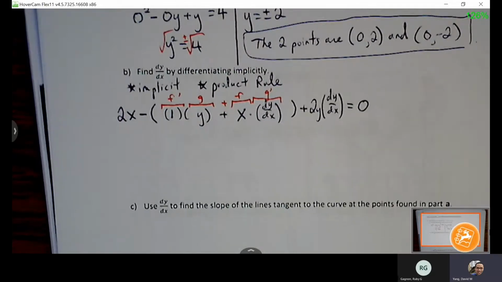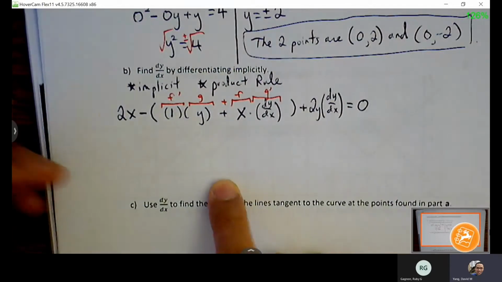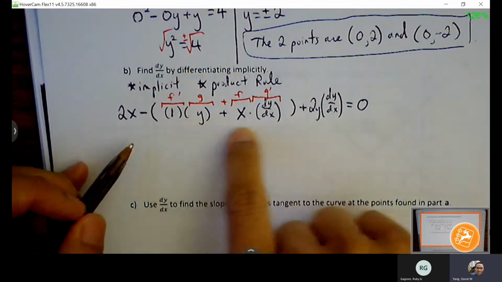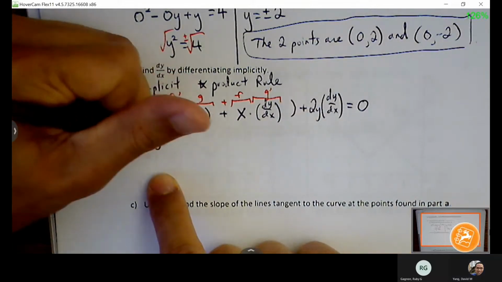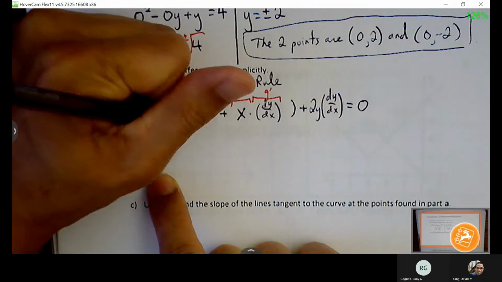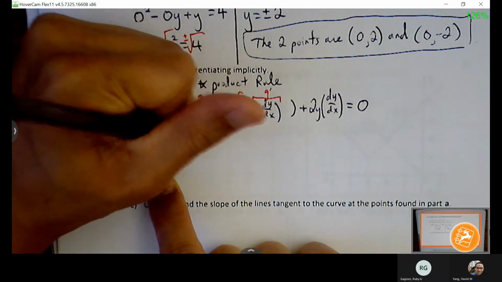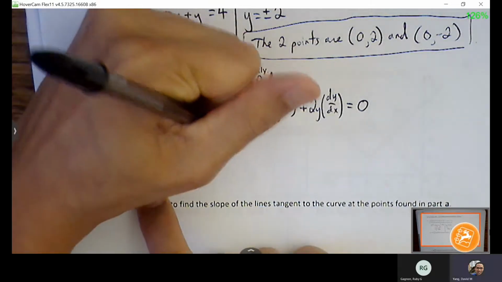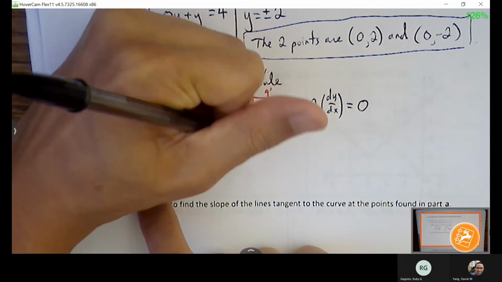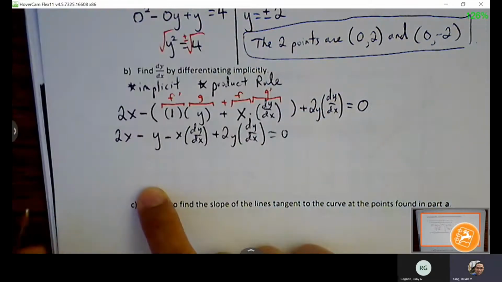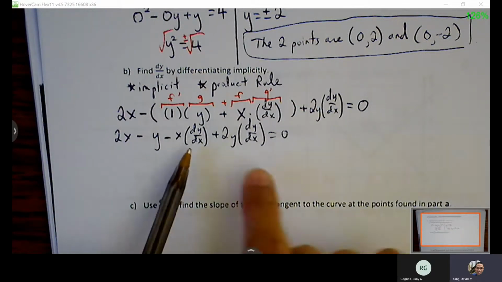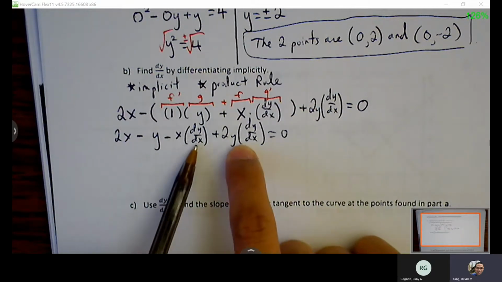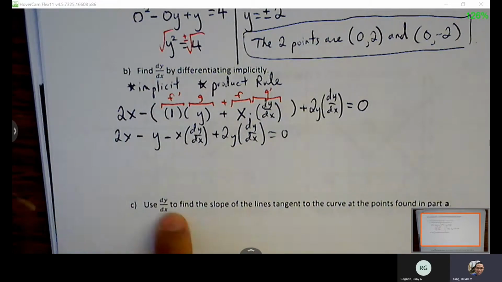All right. The rest is doing a little bit of cleanup here. We'll distribute the negative through. We want to eventually get the dy dx by itself. So I'm going to leave these two terms on the left side. I'll move the other terms to the right.